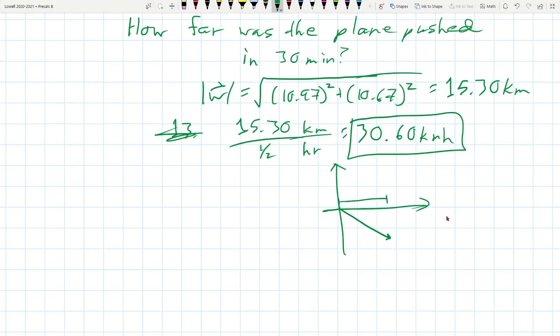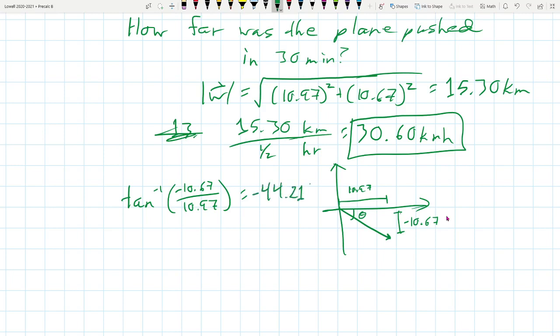Again, this is the x component, which is 10.97. This is the vertical component, which is negative 10.67. And so I can use inverse tangent to actually get this angle. So I'm going to use inverse tangent of negative 10.67 over 10.97 to get, stand by, negative 44.21 degrees.